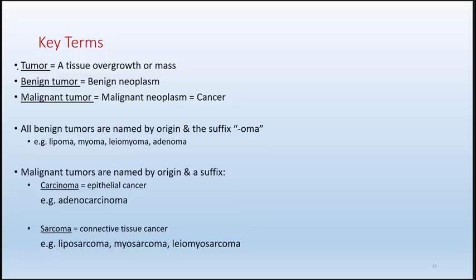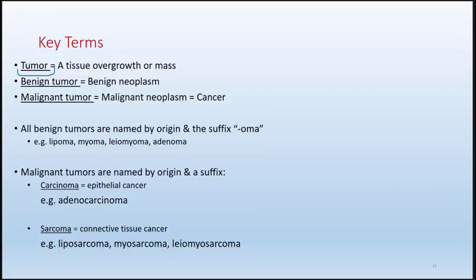Okay, so there's no physiological purpose that benefits our body. So what we can say in general then is a tumor is an abnormal growth resulting from uncontrolled proliferation, which really serves no physiological or beneficial function to our body.